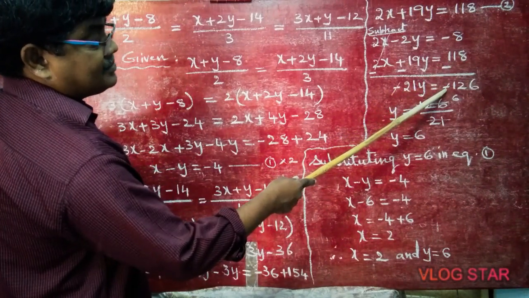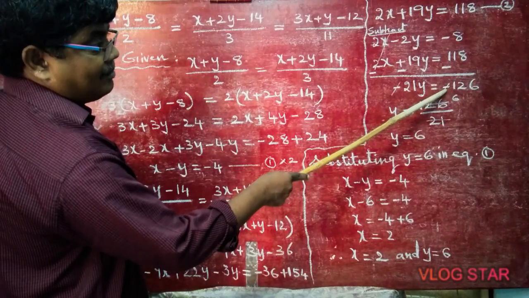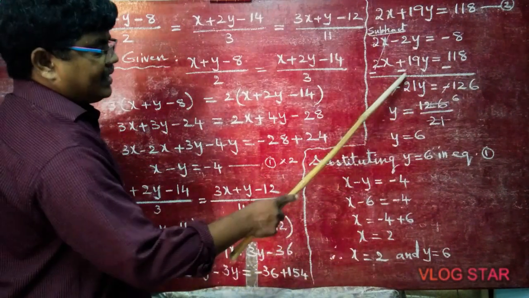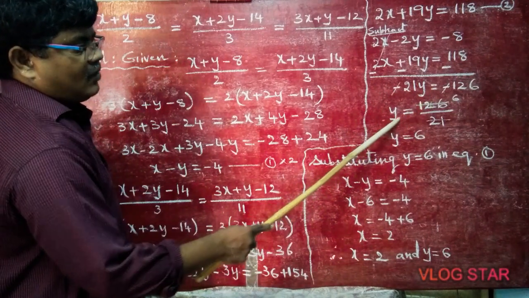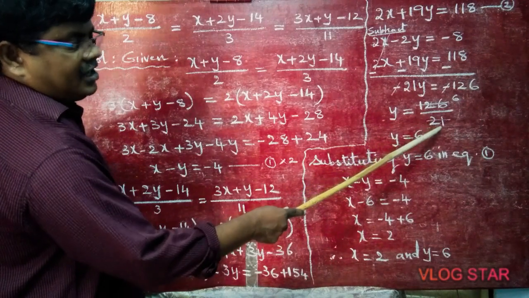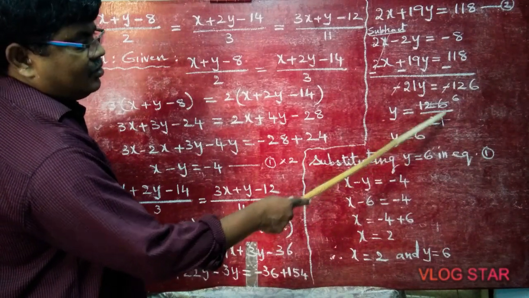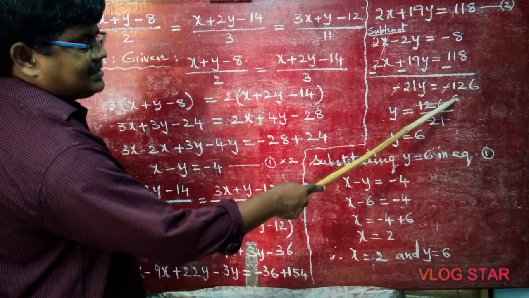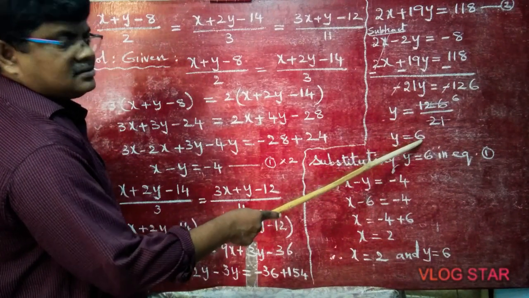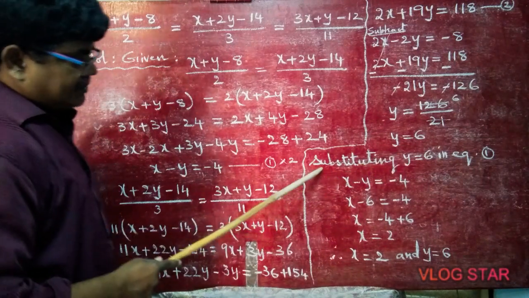If both have the same signs, we add them, and the same sign will come: minus 126. Now minus minus get cancelled. y is equal to 126 divided by 21. 21 goes 6 times, 21 6s are 126. So now we got the value of y as 6.